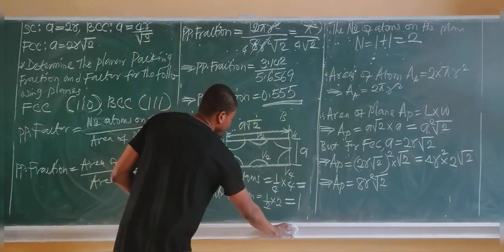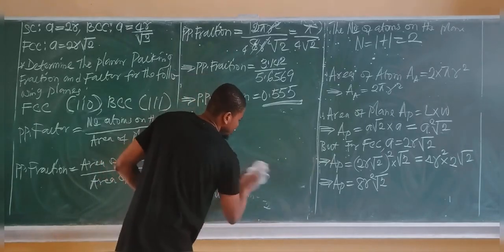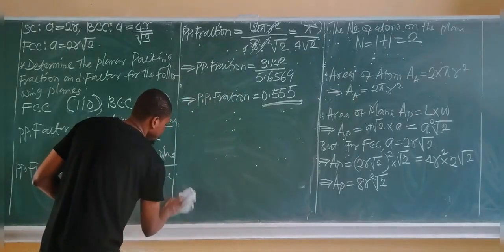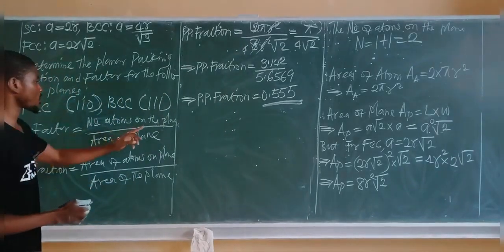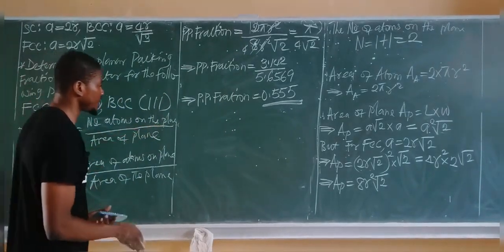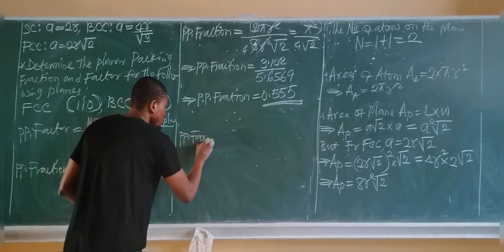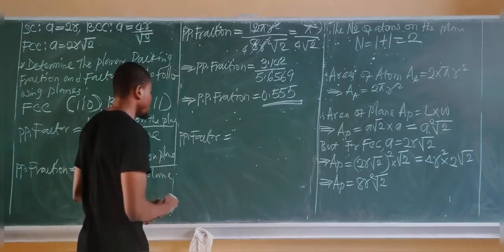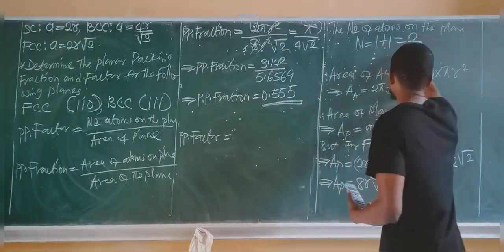Okay, next up we find the planar packing factor, which is simply the number of atoms on the plane all over the area of the plane. Therefore, planar packing factor equals number of atoms on the plane. For this plane, we've obtained that the number of atoms is 2.